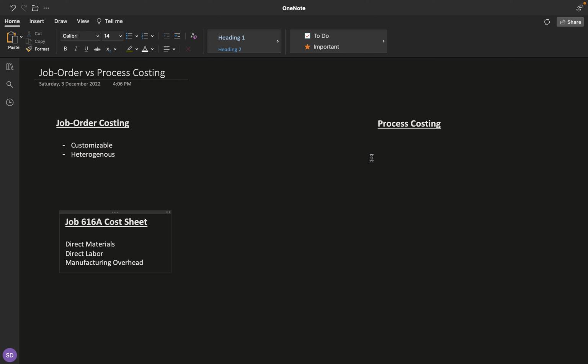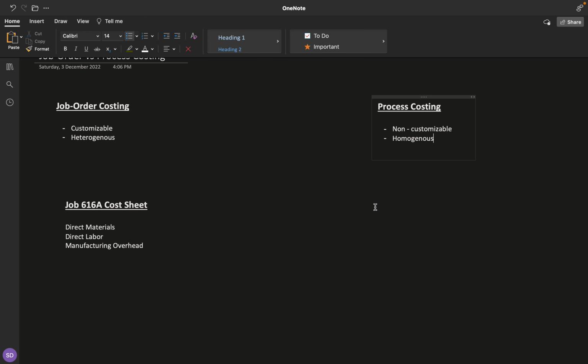So for that, we want to use process costing, because we're going to be making the straws at a large quantity as well. So these straws, they're going to be non-customizable. They'd be homogeneous. So it's just the opposite of heterogeneous. Homogeneous, this means like the same.